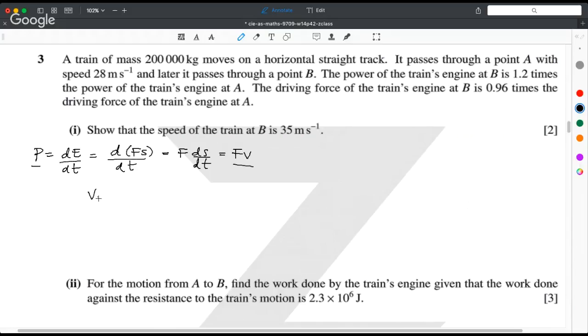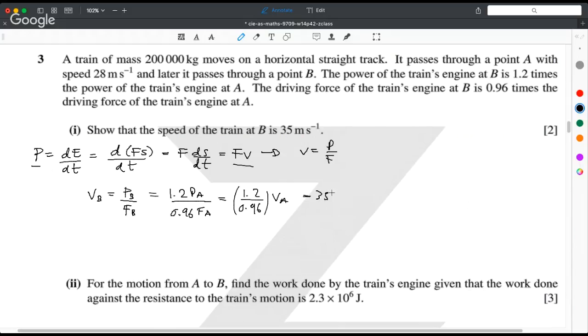So VB has a velocity at point B. If I just take this equation and divide by F, I get V is equal to P over F. So at point B, my velocity is going to be equal to the power at B divided by the force at B. And we're told that the power at B is 1.2 times the power at A. The force at B is 0.96 times the force at A. So this is 1.2 over 0.96 times the velocity at A, because PA over FA is VA.